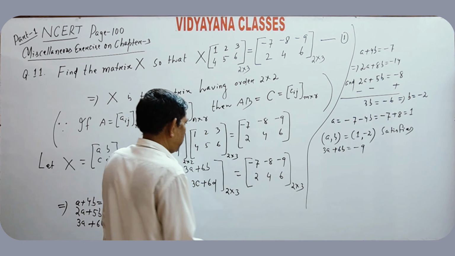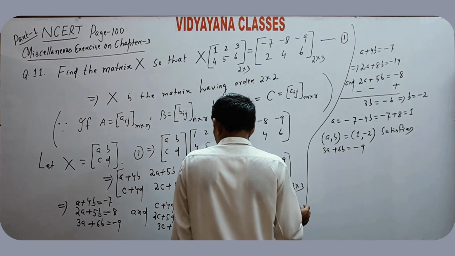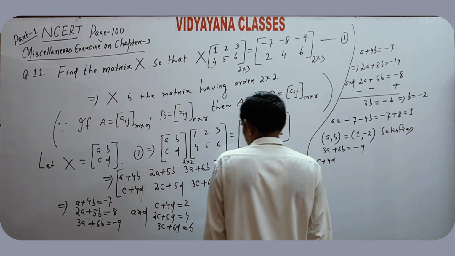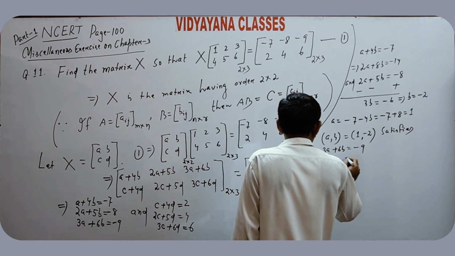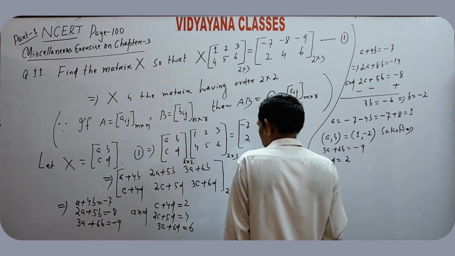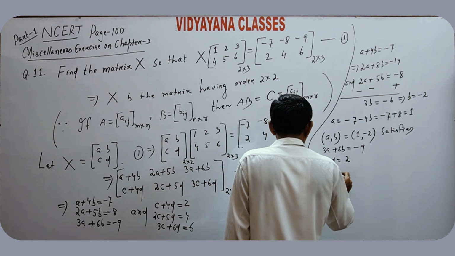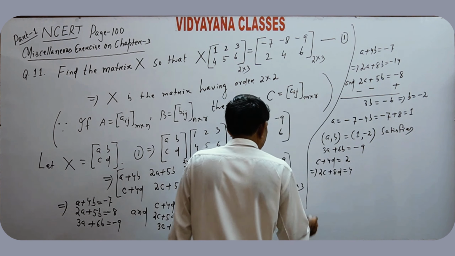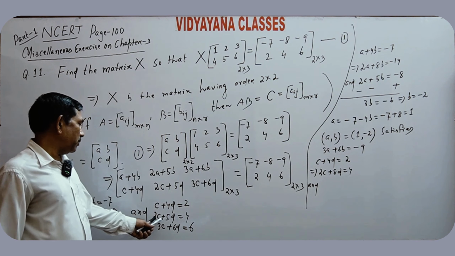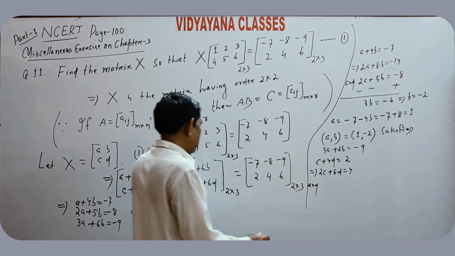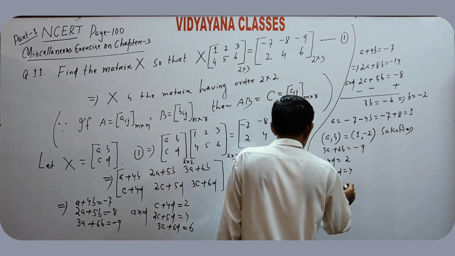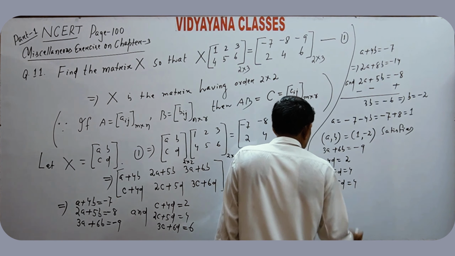Next, C plus 4D is equal to 2, which implies 2C plus 8D is equal to 4, and it is given that 2C plus 5D is equal to 4.